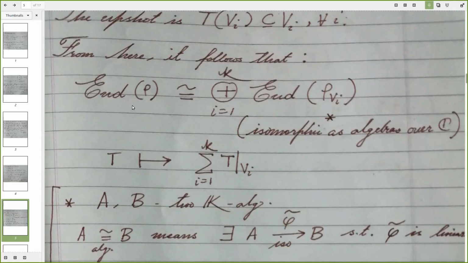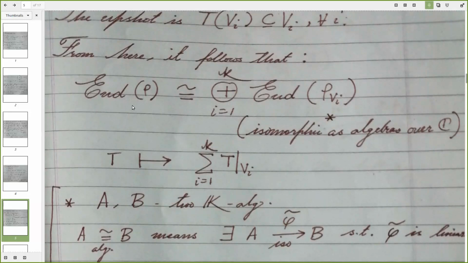So if you take any t here, since any t sends each Vi to Vi, in order to get t, it's enough to have in our hand how it acts on each Vi.